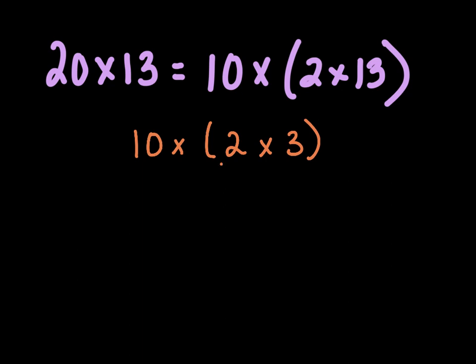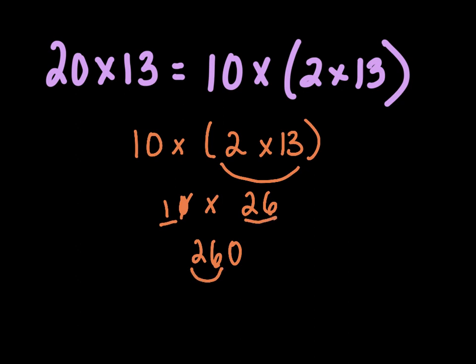So let's do the work right in here. 2 times 13 is 26, times that 10 is 260. Because if we cover up that 0, we just do 1 times 26, there's your 26, and then add on your 0.